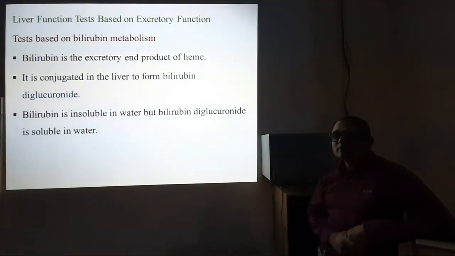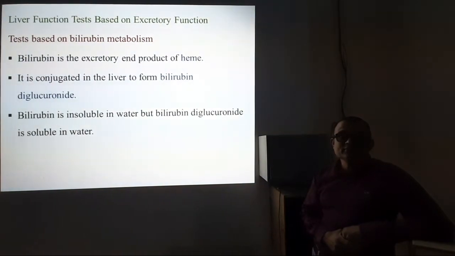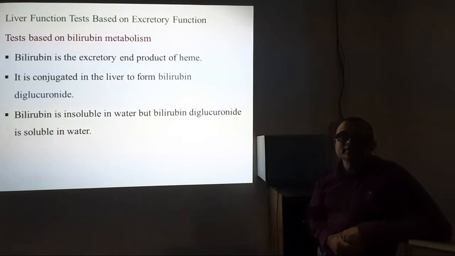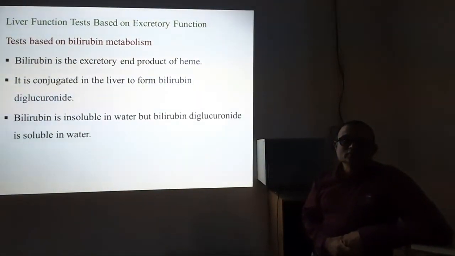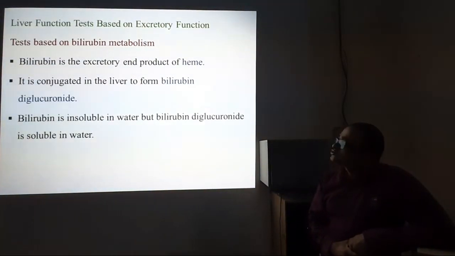What is bilirubin? Bilirubin is the end product of hemoglobin metabolism. Heme is broken down into bilirubin, and this bilirubin which is formed is called unconjugated bilirubin. It is not soluble in water, so it has to be conjugated in the liver and made soluble.